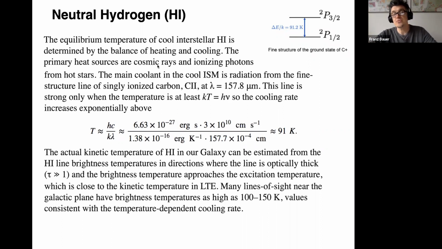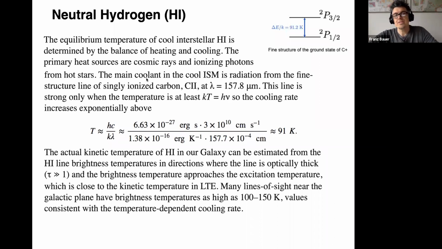You can estimate this from radio emission, from synchrotron, which we talked about before. And so you can relate the synchrotron emission to some distribution of cosmic rays with a distribution of energies.